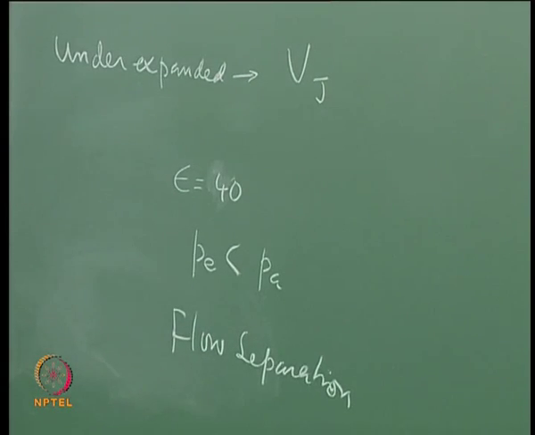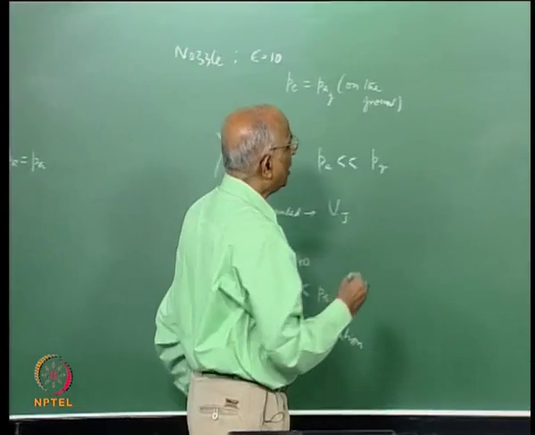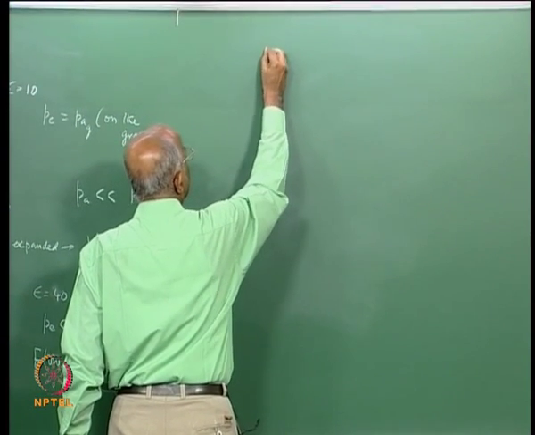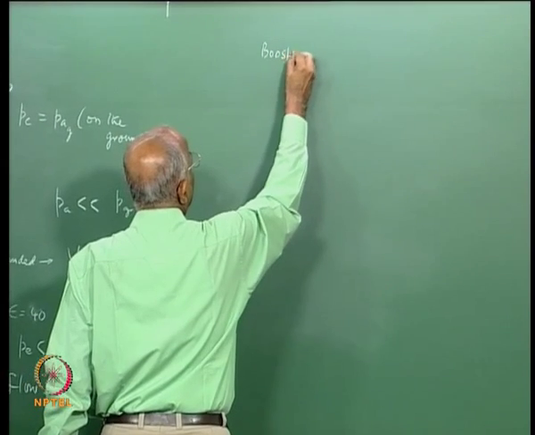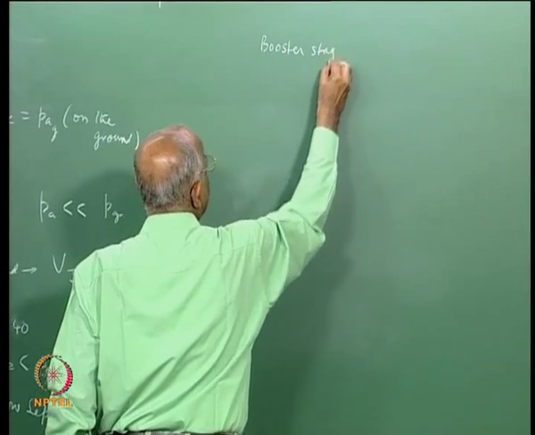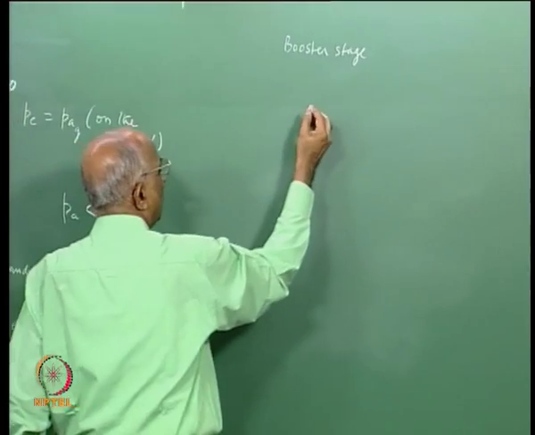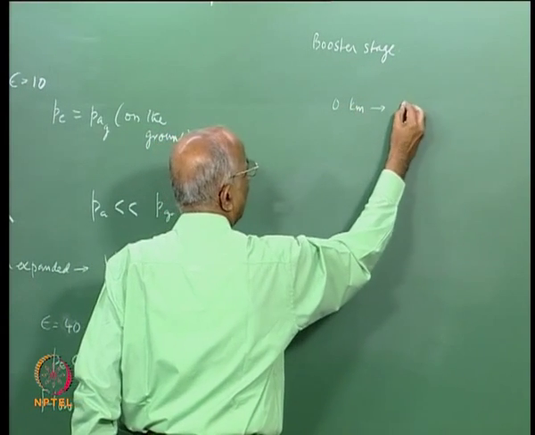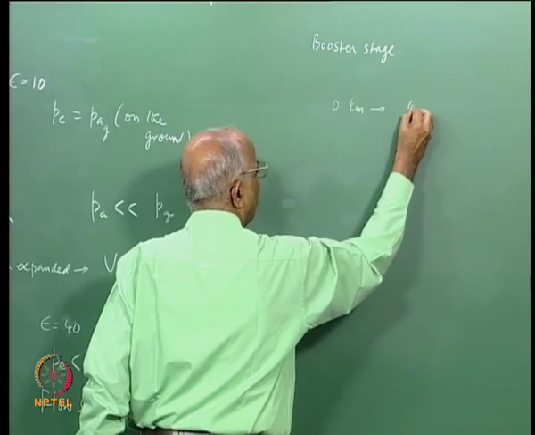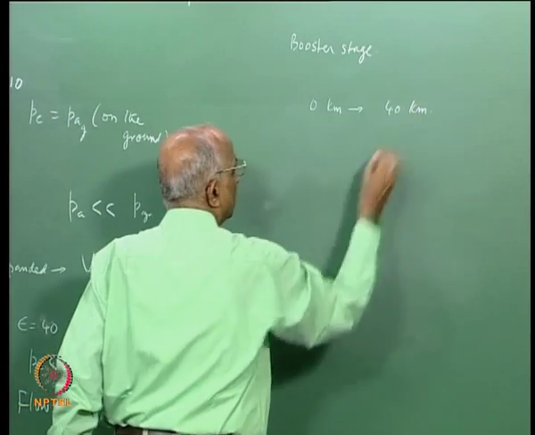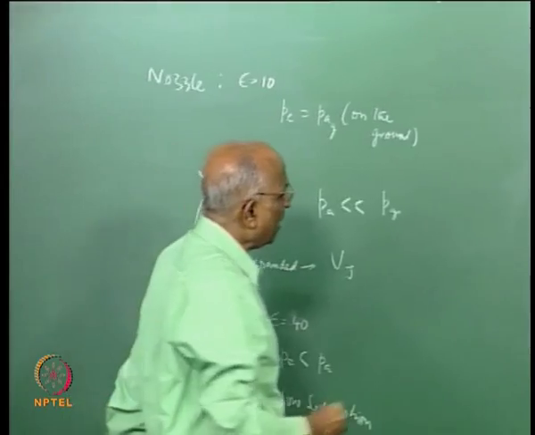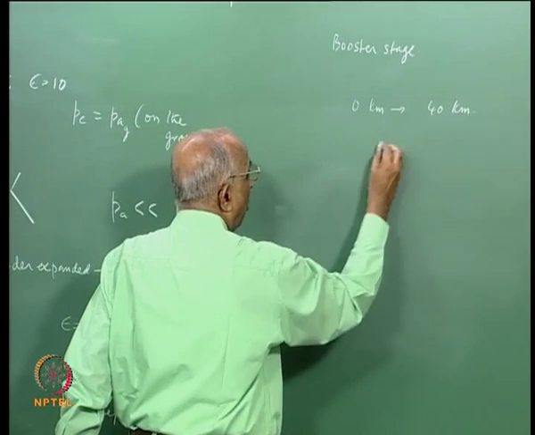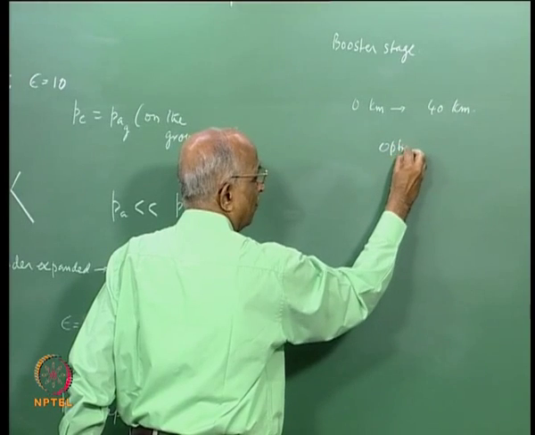Therefore, there are some problems in nozzles, and therefore, let us tell ourselves, supposing I have a booster stage of a rocket, and we define booster stage as a ground stage which has to fly, let us say, between 0 kilometers to something like up to 40 kilometers or so, then I cannot have a nozzle which will be perfect or optimum for all these conditions.